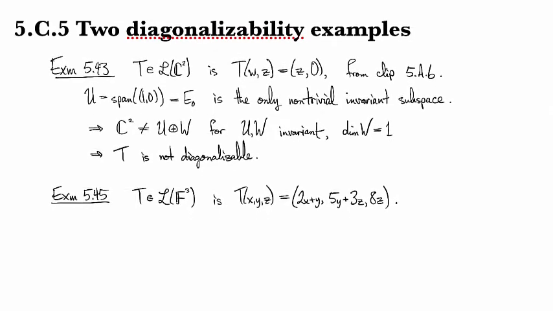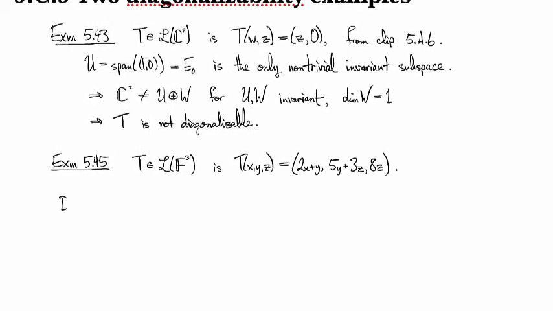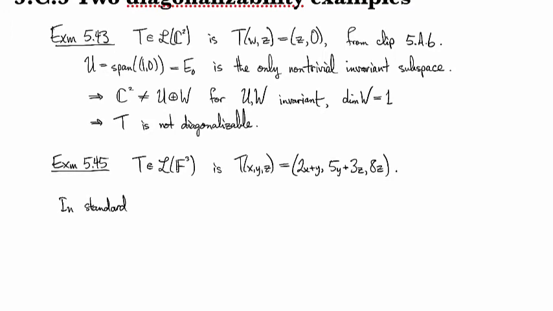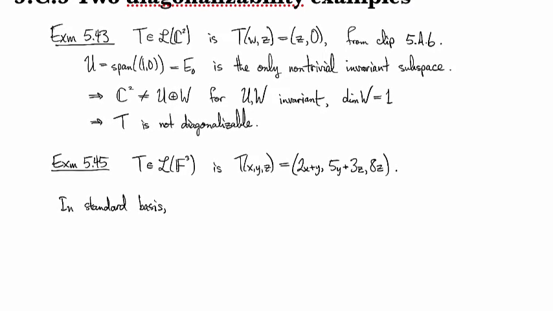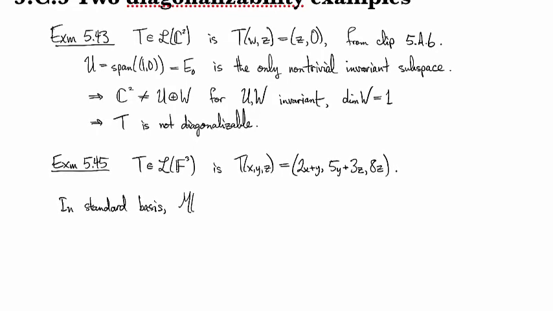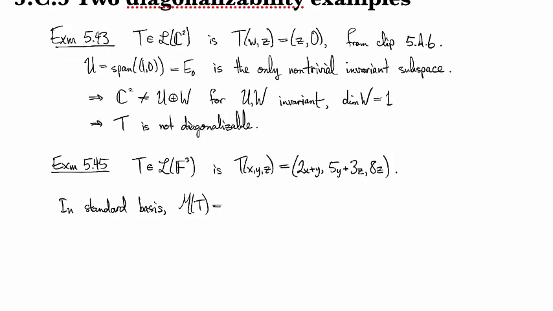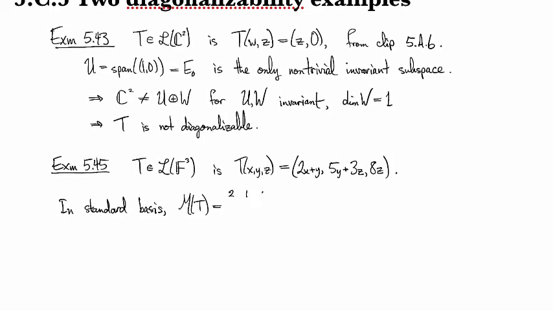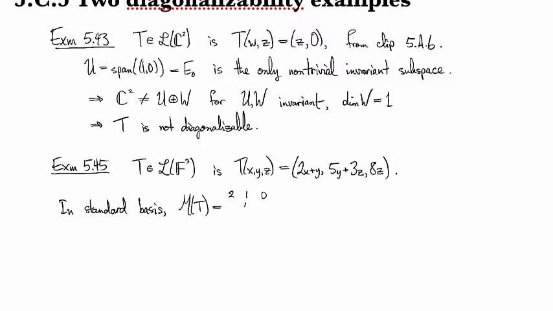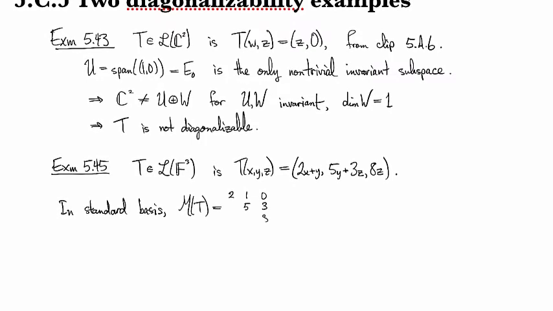Okay. So in the standard basis, the matrix for T would look like the upper triangular matrix with rows (2, 1, 0), (0, 5, 3), (0, 0, 8).